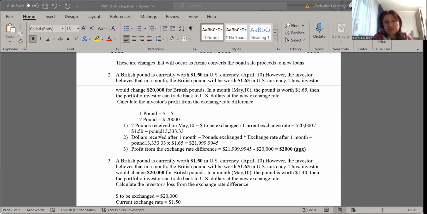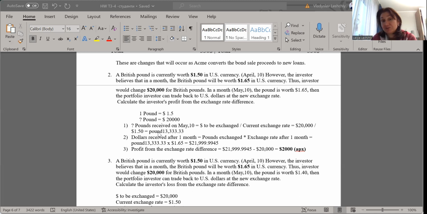If at the beginning the current worth of a British pound was 1.50, then at the period when the investor should sell it, the worth of it was 1.40, although the investor hoped that it would be $1.65, and so the investor made a mistake.